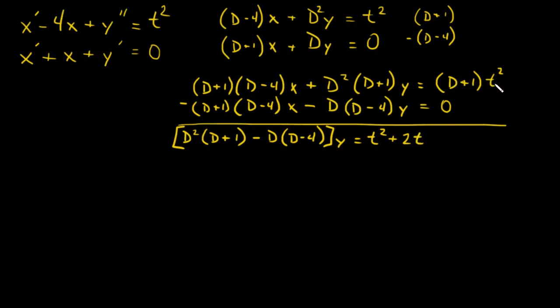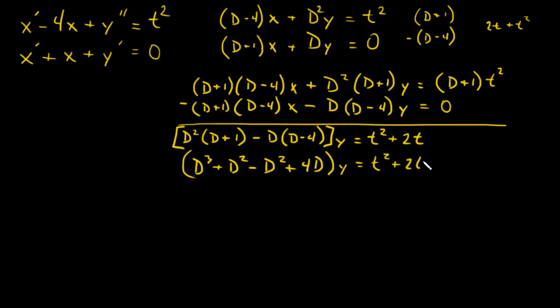Because when I do the d plus 1 times t squared, I'm going to get 2t plus t squared, and I just reordered it. Okay, so now let's get some of this mess cleaned up inside here. So this is going to be d cubed plus d squared minus d squared plus 4d times y equals t squared plus 2t.